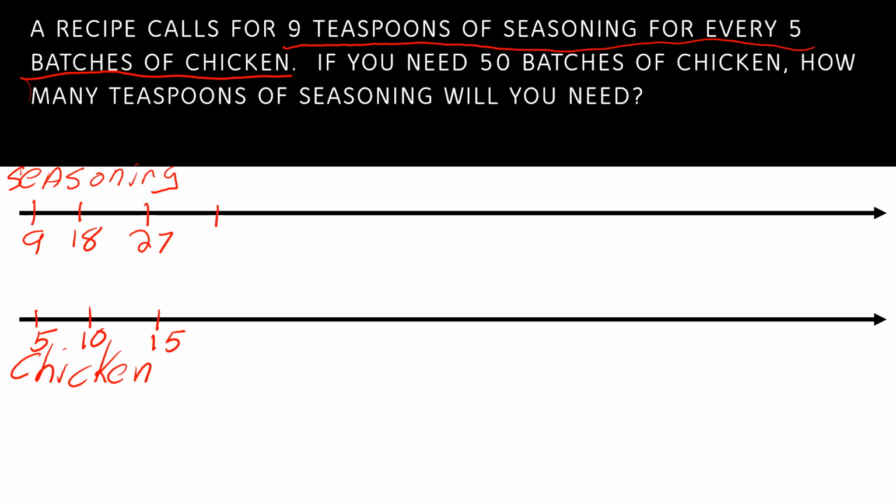If we have 36 teaspoons of seasoning, we will have 20 batches of chicken. If we have 45 teaspoons of seasoning, we will have 25 batches of chicken.